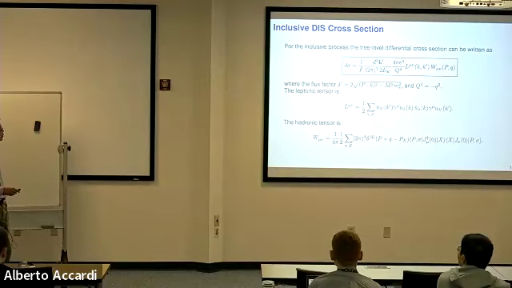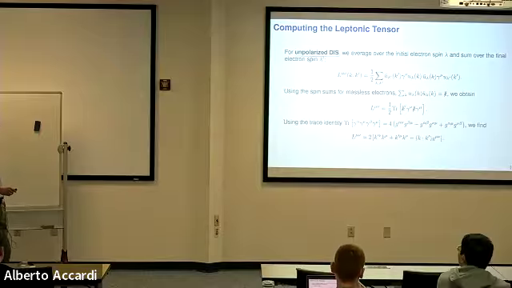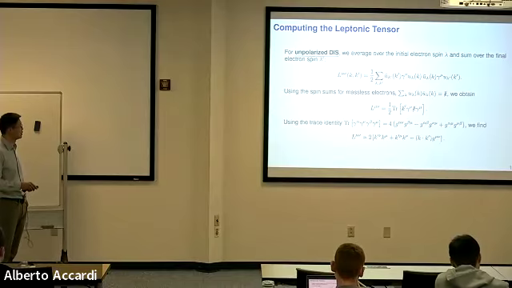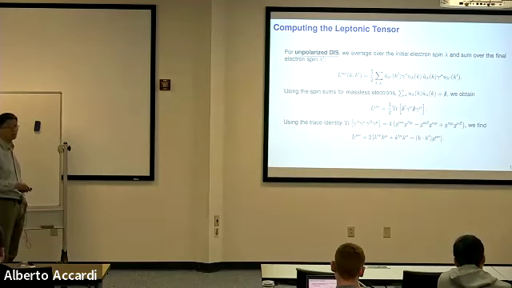So you have 2 parts, the leptonic part and the hadronic part. The leptonic part is straightforward. If you have done any calculation in QED, you convert this into the sum over the spins, it becomes a trace, you use the identities of gamma matrices, and you end up with the leptonic part in terms of the incoming and outgoing momentum of the electron, which is simple.